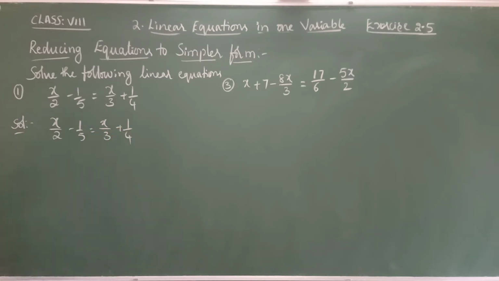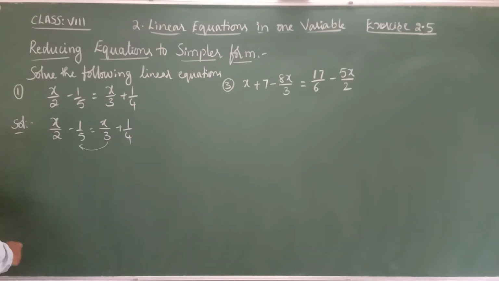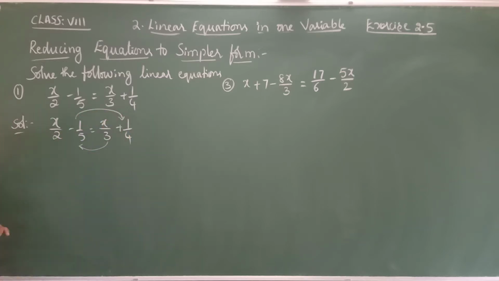Now you see here x by 2 and x by 3, it is added to 1 by 4. So transpose x by 3 to LHS and minus 1 by 5 to RHS. That is the transposition in the first step.